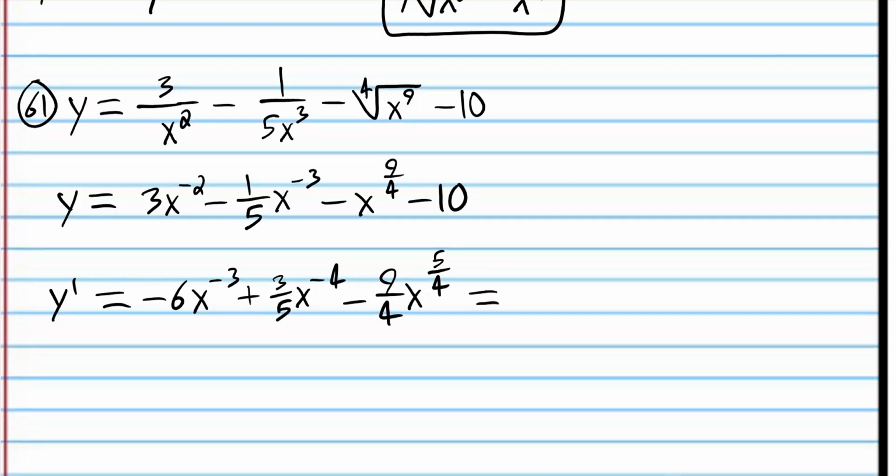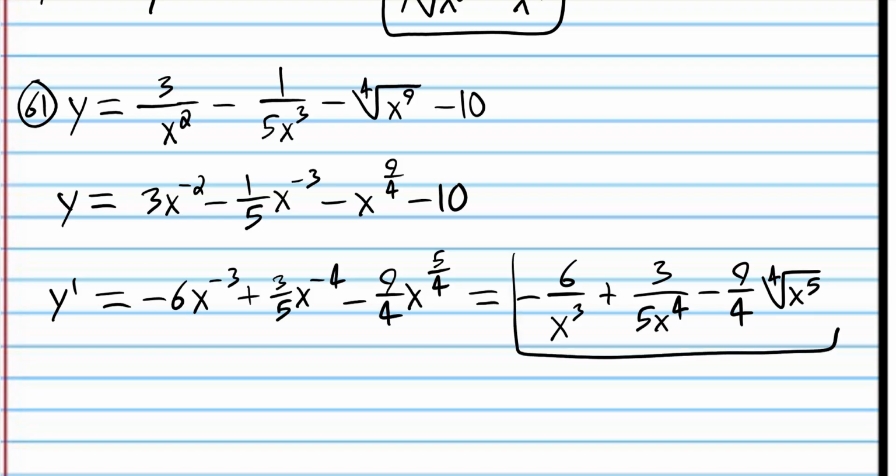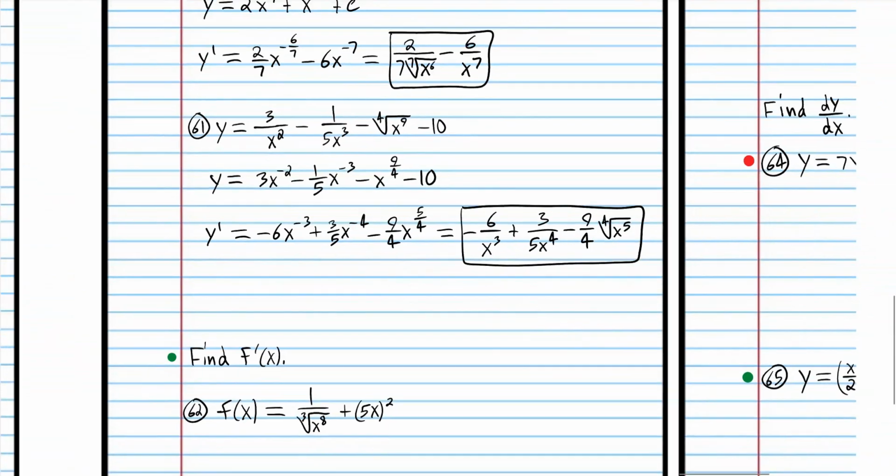So we're going to write negative 6 over x cubed plus 3 over 5x to the 4th minus 9/4 times the 4th root of x to the 5th power, and there you go.